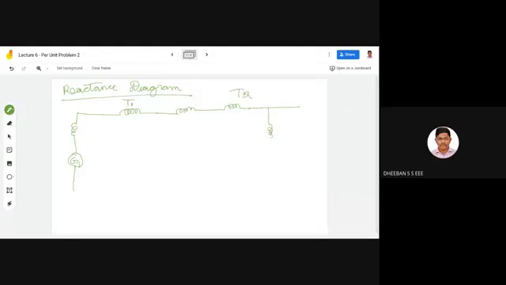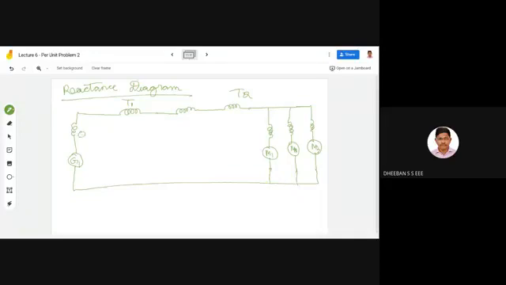After that you'll be getting the loads. First is your M1, second is your M2, and third is your M3. Over here you have to substitute each and every value.